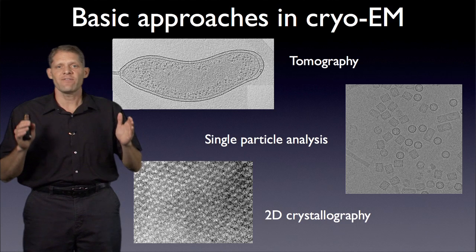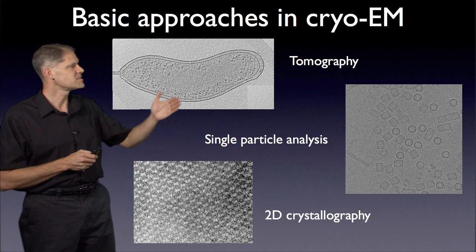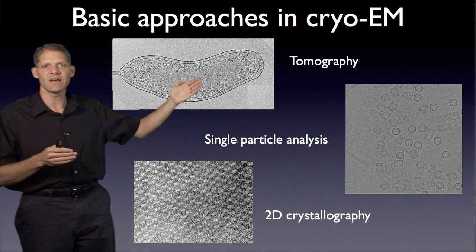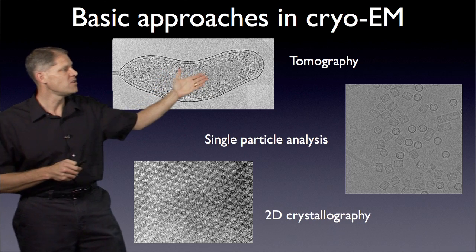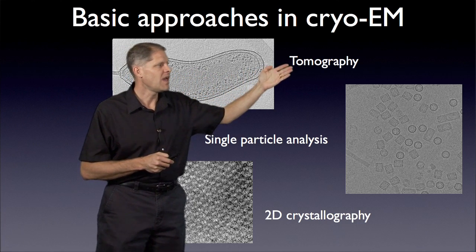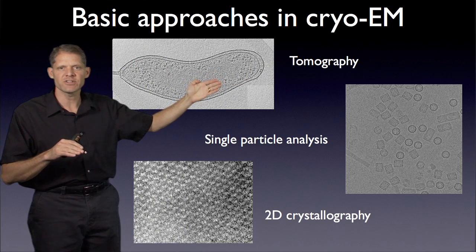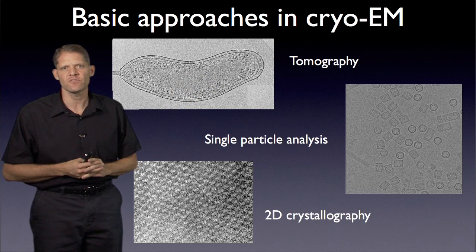In the case where we have a single unique object that we'd like to study, for instance, an entire cell, we'll never be able to find another cell that's exactly like this one. Then we use the approach called tomography, and we'll take this single cell and we'll image it from many different directions and combine all of that information into a single 3D reconstruction.